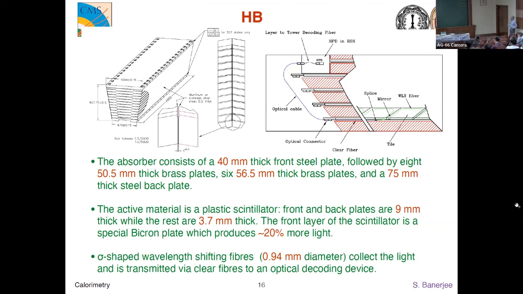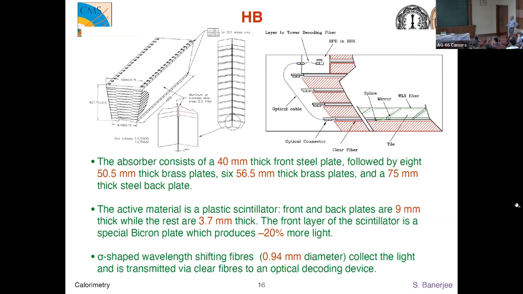But unfortunately, when the final design of the HCAL was made, we didn't have enough money to read out the front layer separately, and we try to combine all the 17 layers and have one tower, which reads out a given value of i-eta and i-phi.